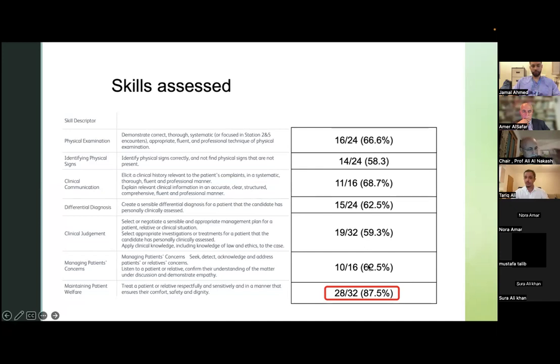You want to warn the patient, inform them, and make sure that they're not in any discomfort. They've moved the target much higher to 87.5%, because actually you shouldn't be causing any harm to the patient. And this is consistent in all stations. Okay. Next slide.